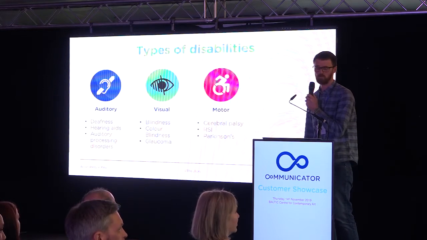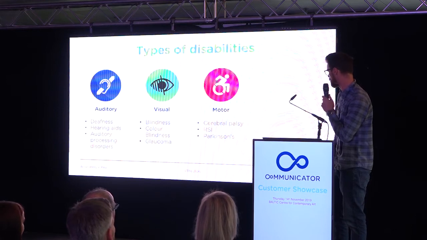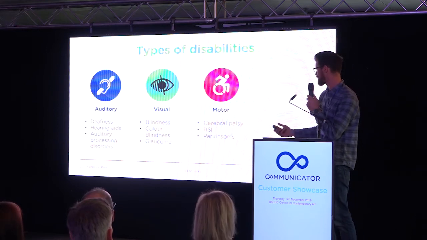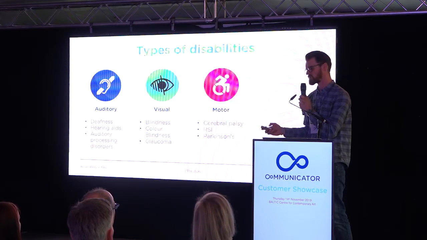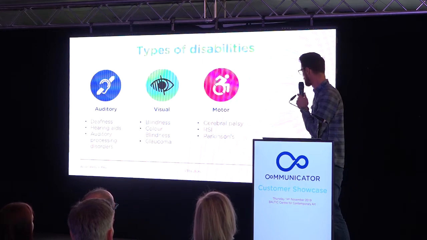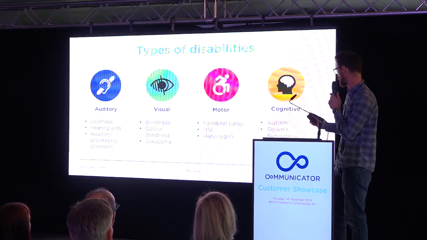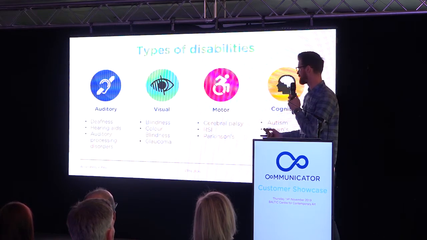There's motor, so things like cerebral palsy, Parkinson's, where your hand shakes. So if you've got an email on your phone and you're trying to press a really small button, how's that going to affect you if your hand's shaking? And cognitive, so things like autism, Down syndrome, dyslexia. How do these all impact email?